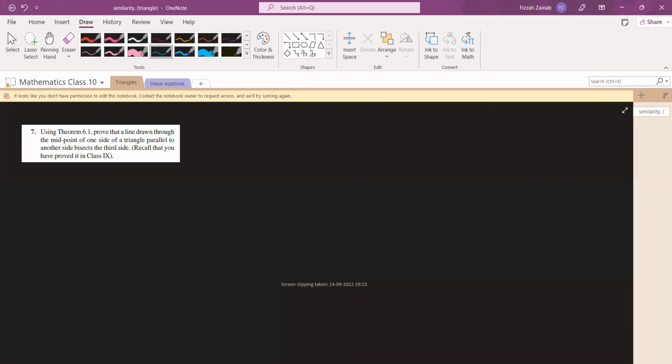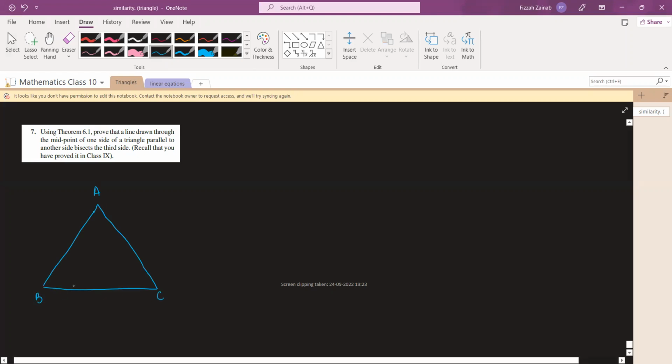Now using theorem 6.1, that means BPT, prove that a line drawn through the midpoint of one side of a triangle. So if I draw a triangle, let me call it ABC. If I take the midpoint of AB, let's say D is the midpoint of AB.